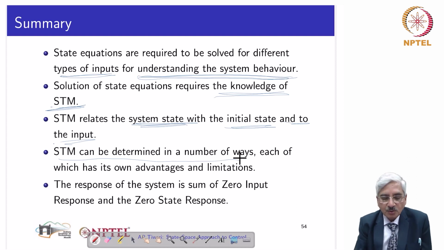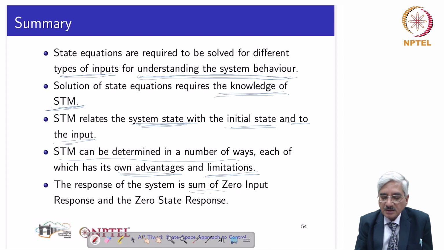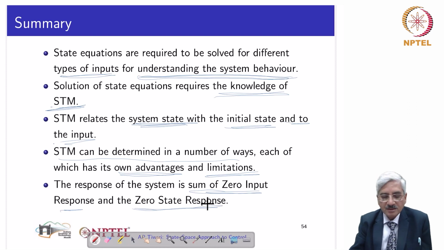Each one has its own advantages and its own drawbacks or limitations. The response of the system is the sum of the zero input response and the zero state response. Complete solution requires solving the zero input response, the component which depends only on the initial state, and the zero state response, the component which depends only on the input.